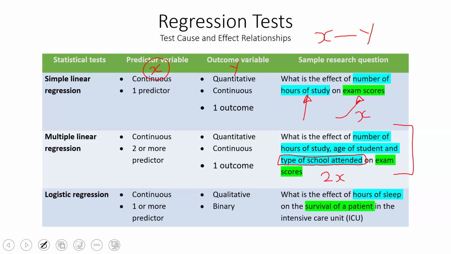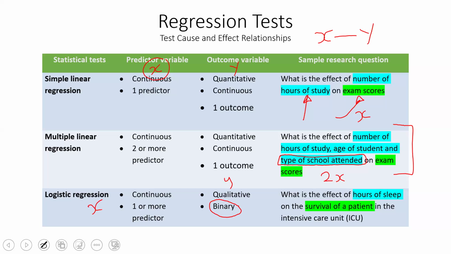In logistic regression, I emphasized earlier on that you only use it when your Y is binary or dichotomous. And you can have simple logistic regression or multiple. It is simple if you have only 1 X. It is multiple if you have more than 1 X. And look at the sample question here.